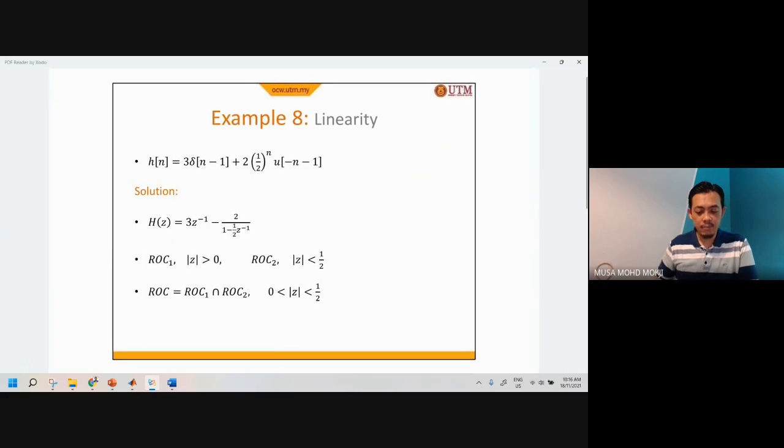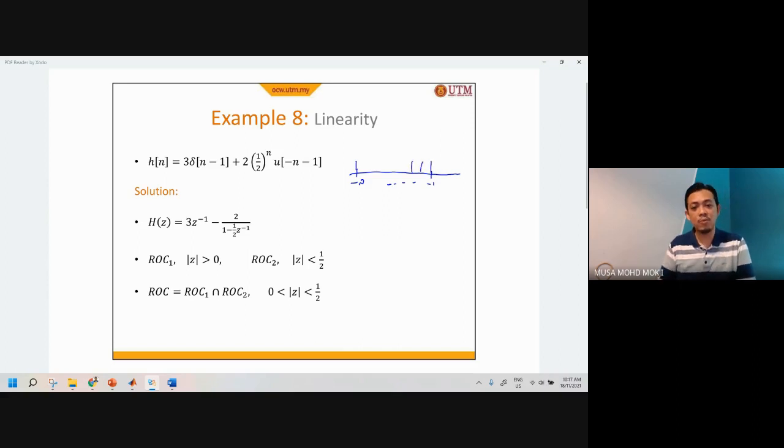Okay, this is another example, example 8. Let's say we have h[n] equals 3 delta[n minus 1] plus 2(1/2)^n u[-n-1]. Then we know that this is non-causal, because u[-n-1] starts at -1 and goes down to minus infinity.